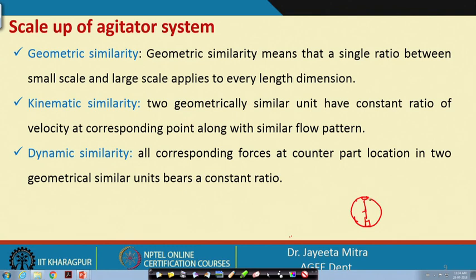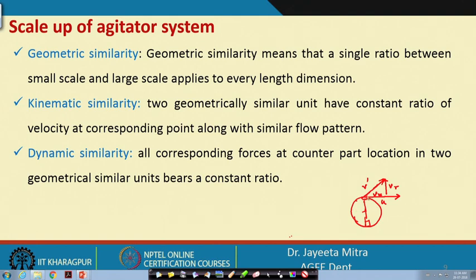From this point, what will be the velocity of the impeller, and it has radial and tangential directions. So, if you consider the velocity of the fluid, that also you need to calculate, and this should be similar when we have the large scale system.